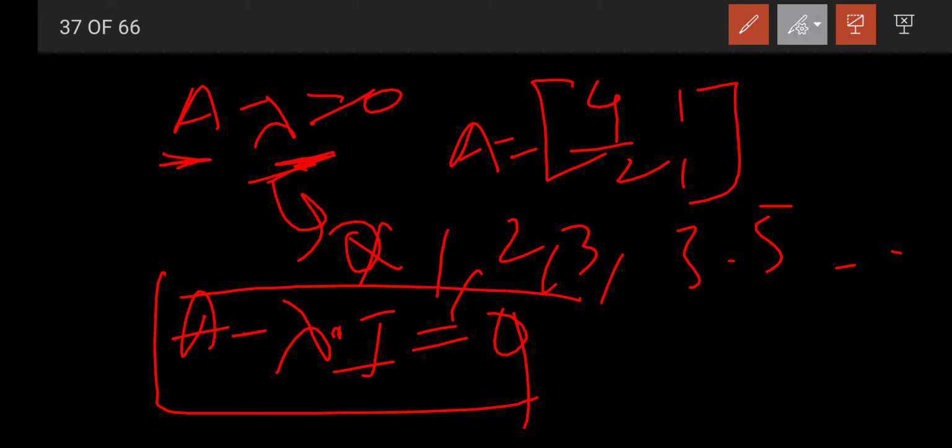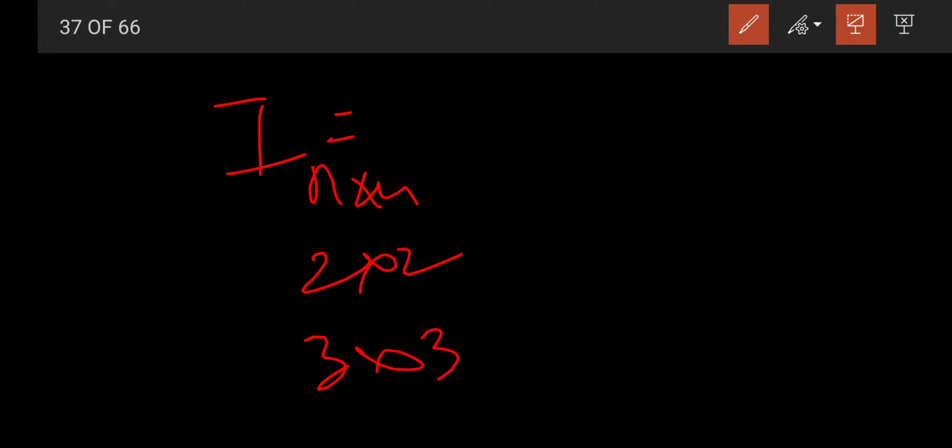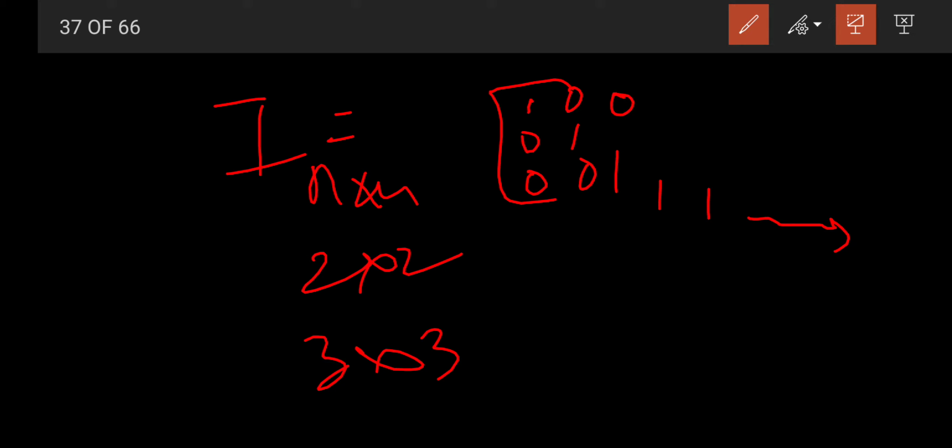Now understand what is the identity matrix. The identity matrix is an n by n matrix, 2 into 2 or 3 into 3, where diagonal elements are 1 and non-diagonal elements are 0, correct?